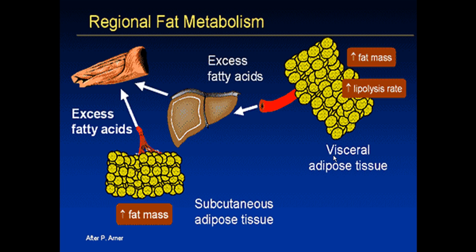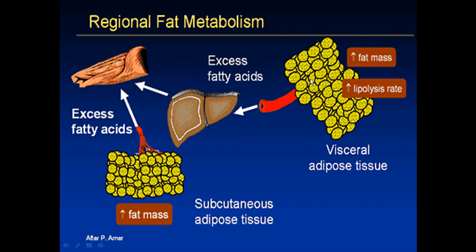Just to give you an indication, I don't expect you to remember all this, but the idea is we've got visceral obesity. So this is around your intestines, underneath the fatty layer of the abdominal muscles. And what it's going to do is create fatty acids. The excess fatty acids are going to get into the liver and start affecting the liver because they're acidic. And the idea is you break down this visceral adipose tissue before you do the subcutaneous.